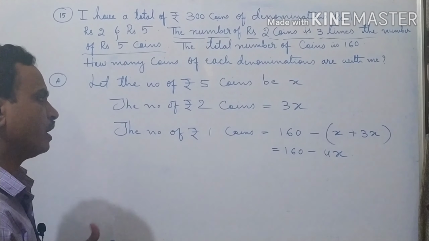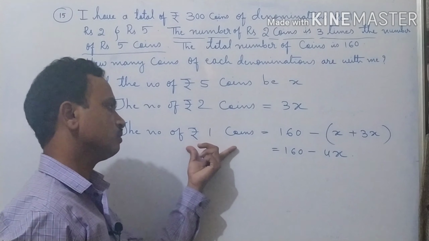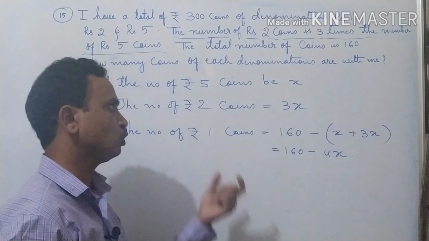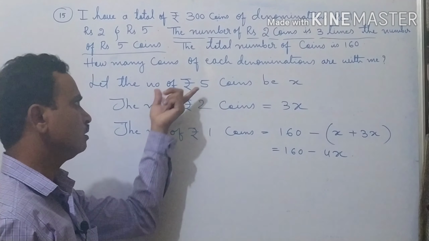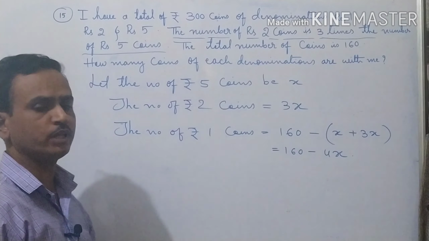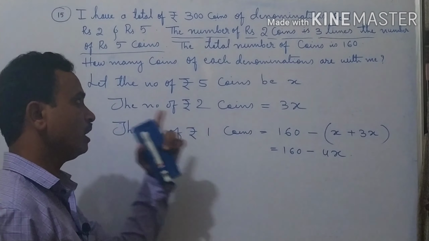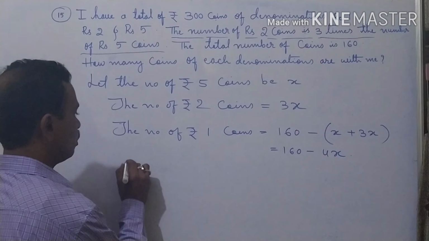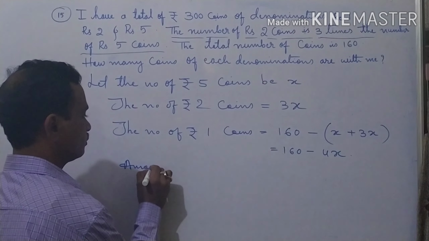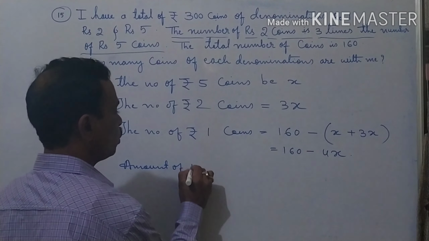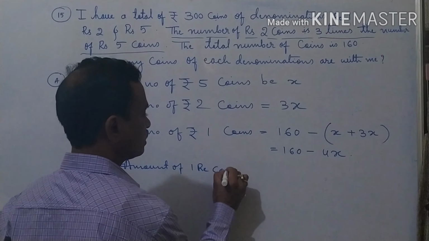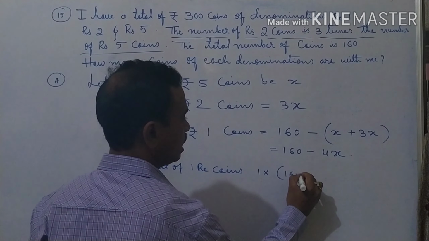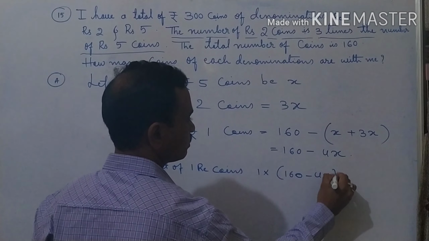Okay, now we should find the amount. How many 1 rupee coins, 2 rupees coins, and 5 rupees coins are there? We should find the amount of 1 rupee coins: 1 into 160 minus 4x.